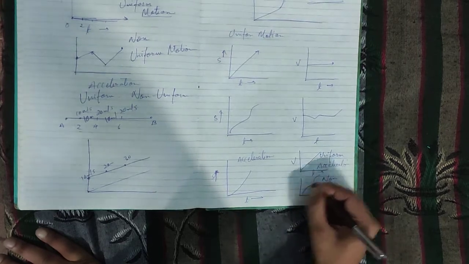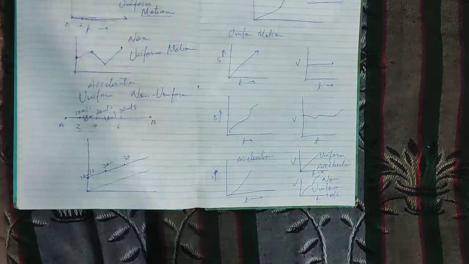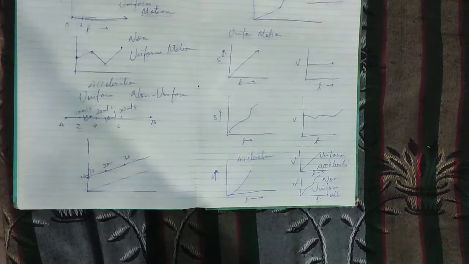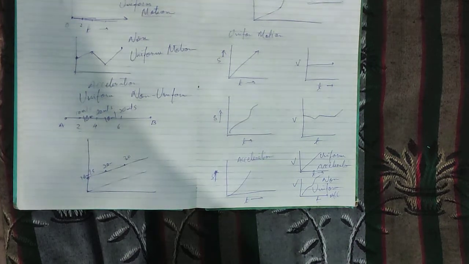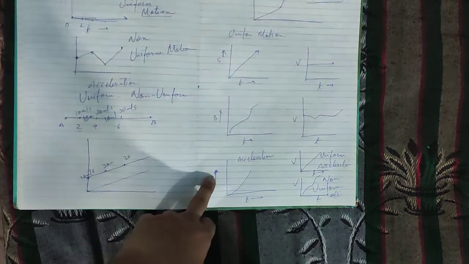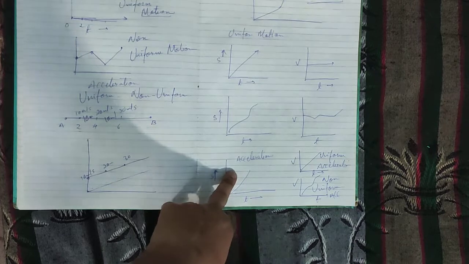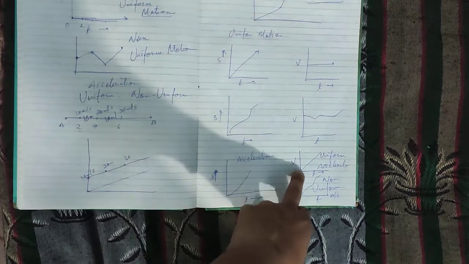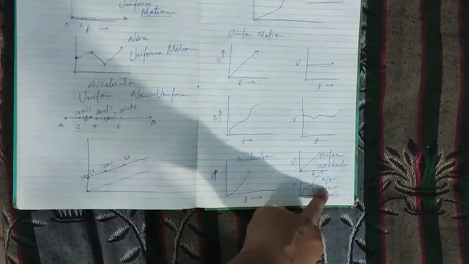Velocity time graph. Okay, students, pause the video and check all the graphs in comparison. For displacement time graph, we only have one single graph for acceleration, but in velocity time graph we have either uniform acceleration or non-uniform acceleration.